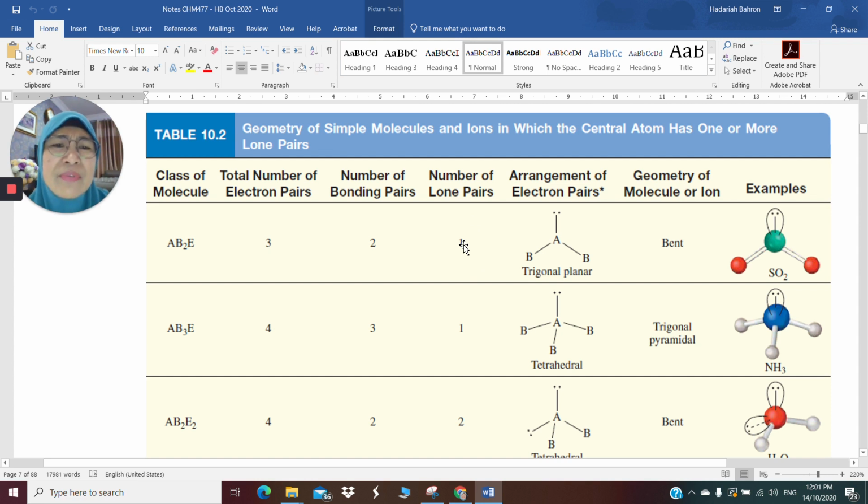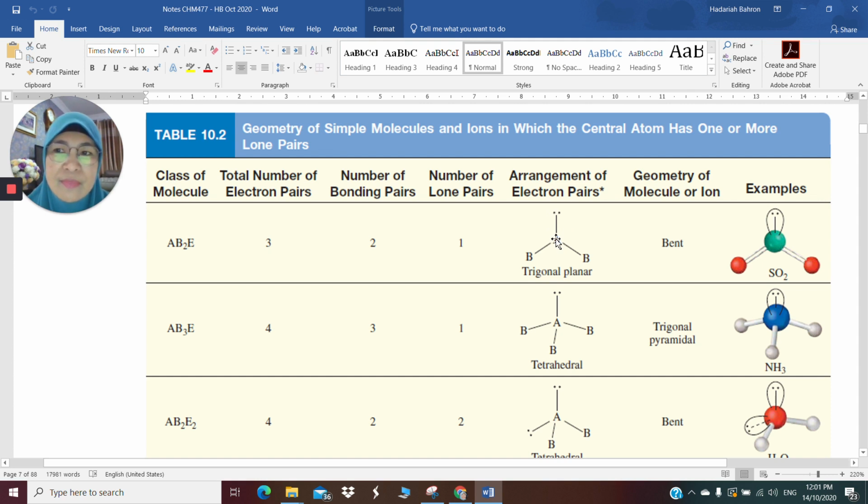If you still recall, 3 bonding pairs will take a trigonal planar shape. But imagine one of the bonds is invisible. Being a lone pair, that lone pair is invisible.